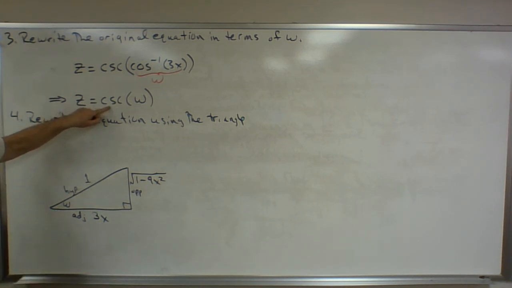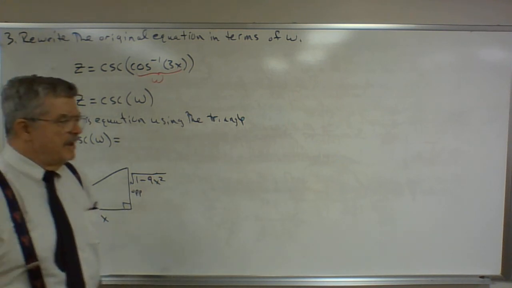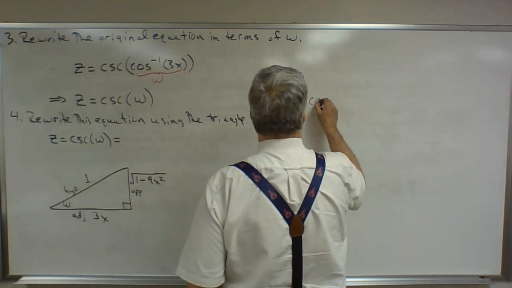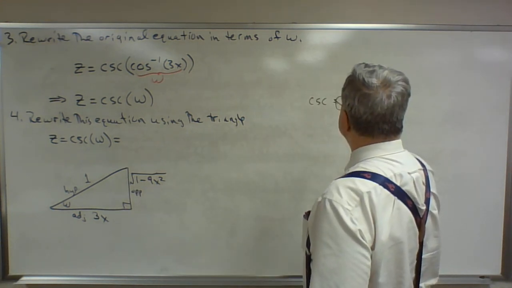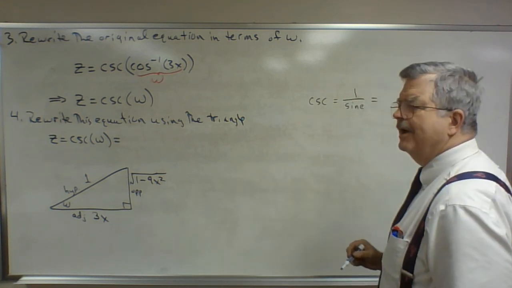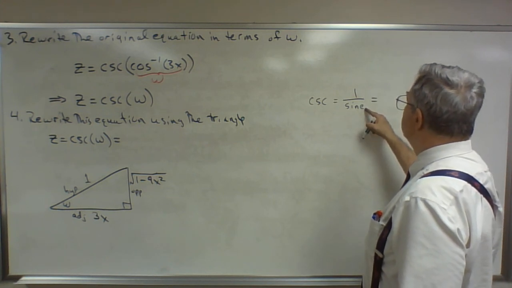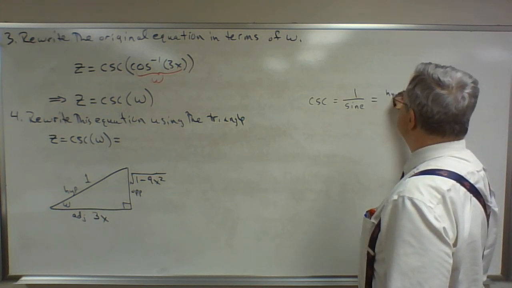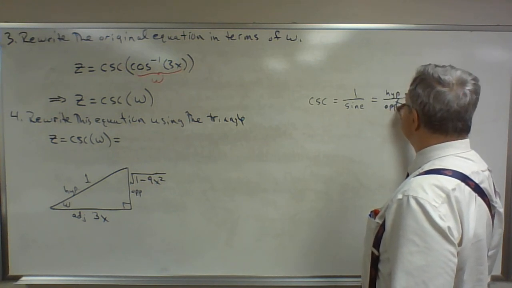Z is cosecant of w. And let's see, I'm a bit rusty on my trig. Cosecant is equal to 1 over sine, and sine is equal to opposite over hypotenuse, so 1 over sine is hypotenuse over opposite.